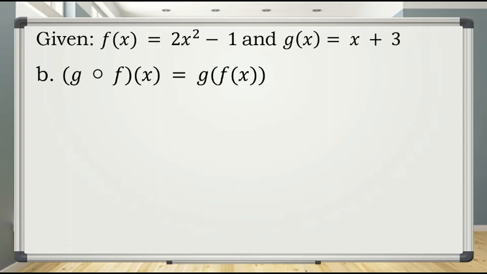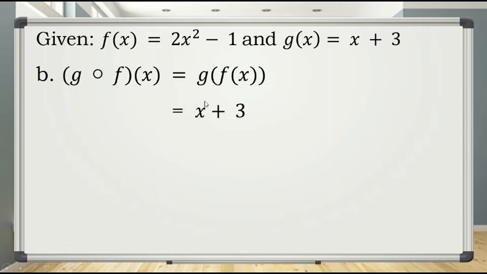Then, for letter B, you can notice that the functions are interchanged. G composed of f of x, or g of f of x. Our input here now is f of x, and the output is g of x. So, ulitin ko ulit, ang una nyo isusulat ay output function. At ang output function ng g of x ay x plus 3.